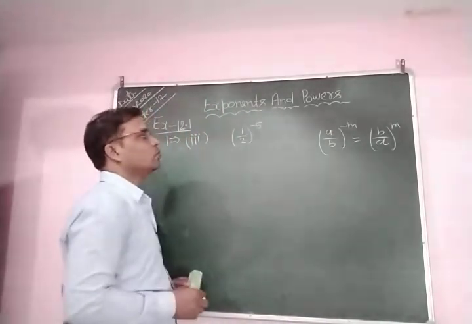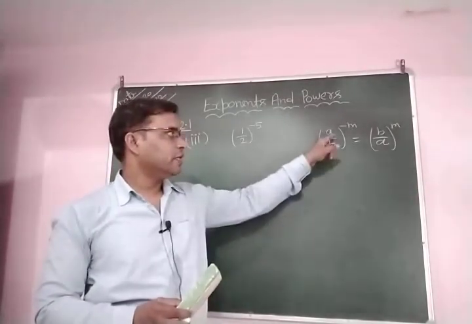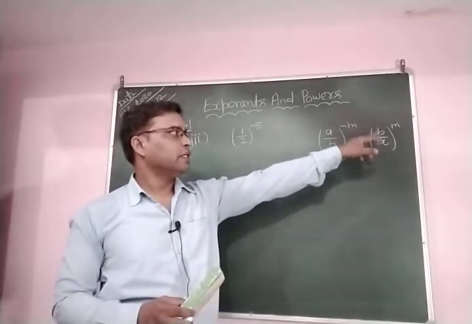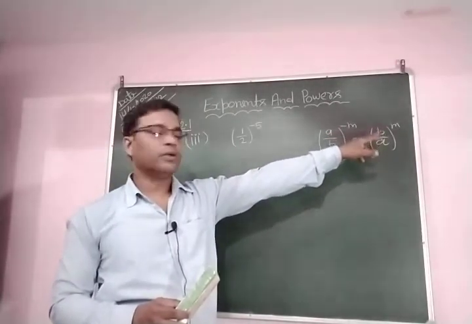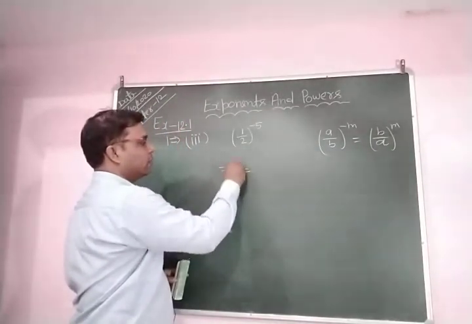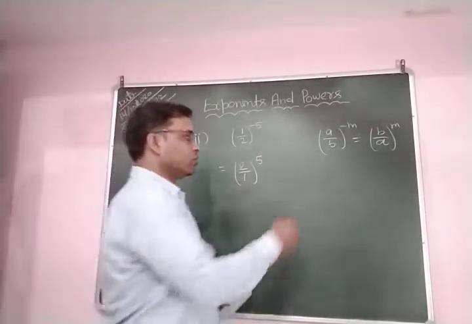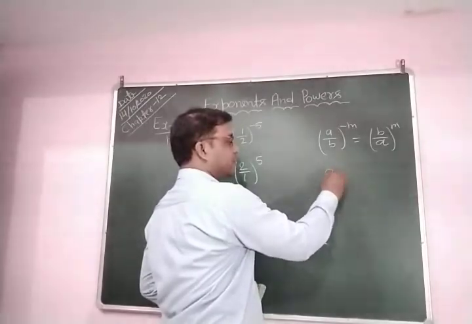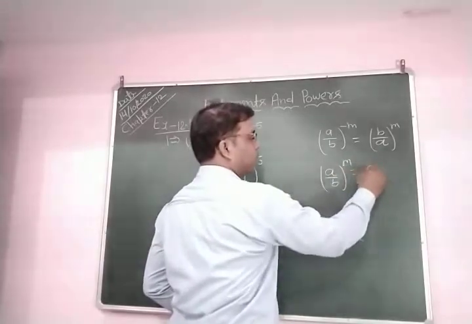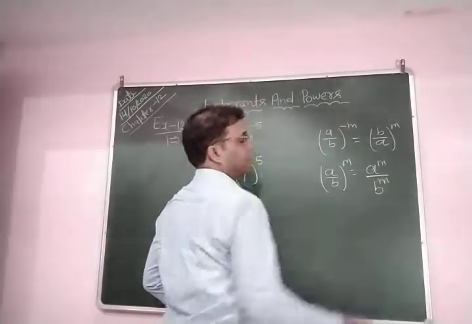So this is 1 by 2 whole power minus 5. We apply here a by b whole power minus m is equal to b by a whole power plus m. So we can write it as 2 by 1 whole power 5. Clear? And also if this is given as b by a whole power m, you can write it as a to the power m and b to the power m.